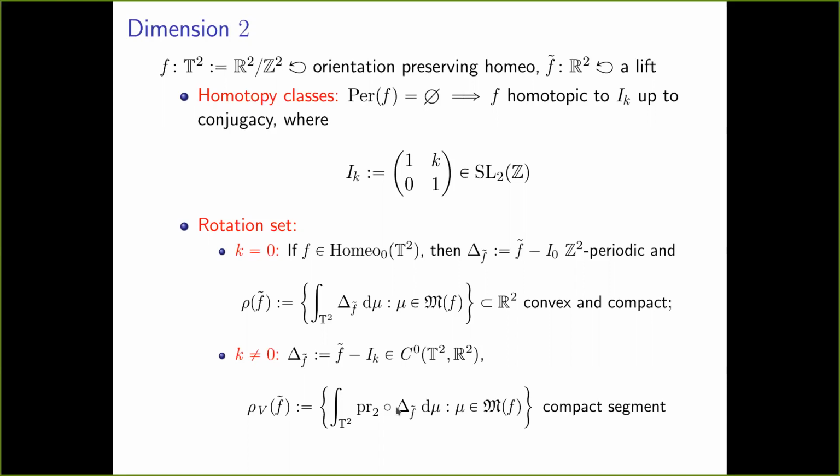Alejandro, sorry, why is the second coordinate that important? Here, because you can look here, when you multiply i_k by (x, y), in the second coordinate you have just y. So when you have something which is homotopic to i_k, in the second coordinate you have y plus a periodic function.